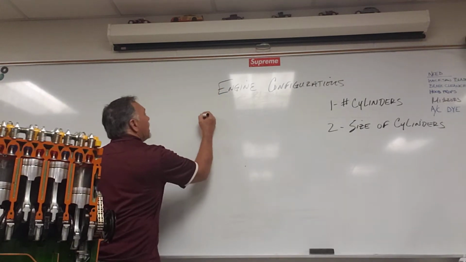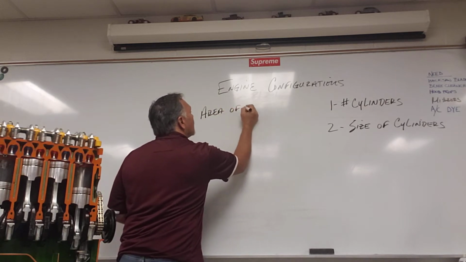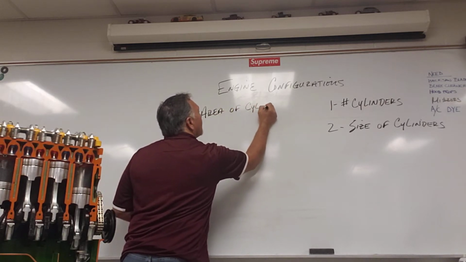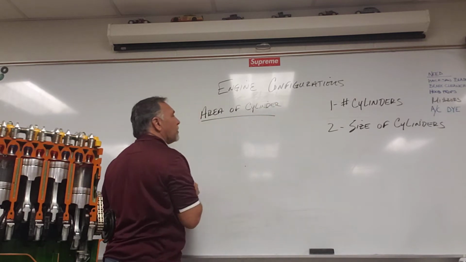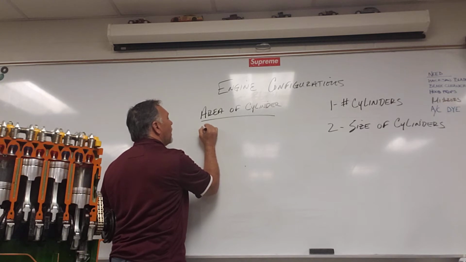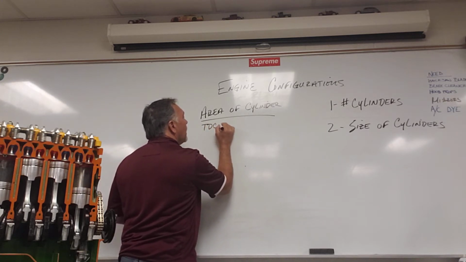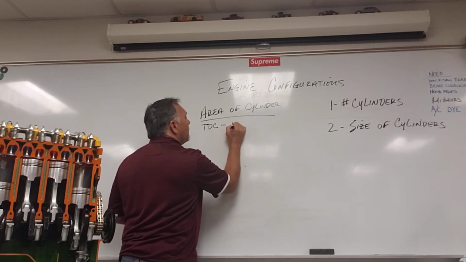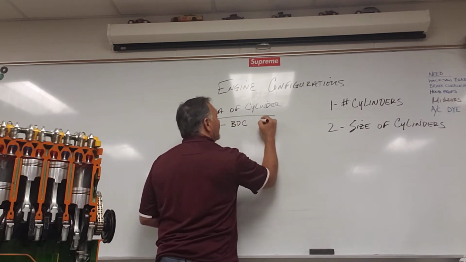And the area of the cylinder is determined how? Well, it's measured from top dead center minus bottom dead center. Okay, so we get the height.